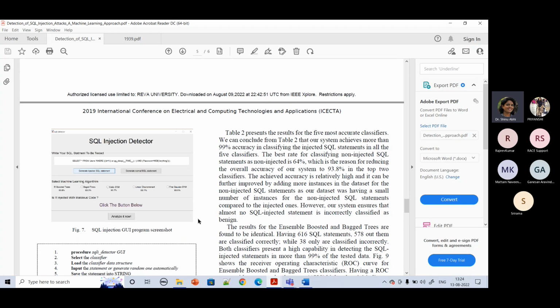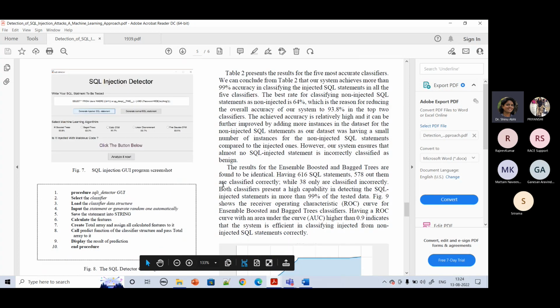I know this paper already has 99% accuracy. I have not read the paper, but the SQL injection detector solutions are already there. Yes, ma'am. They have given the algorithm details and all, but there are no implementation details. Probably, yeah. That's where I thought of getting the implementation. But it's already there, right? Those solutions are already there.